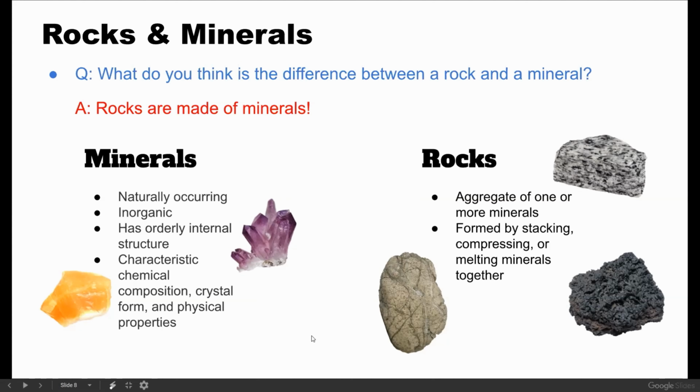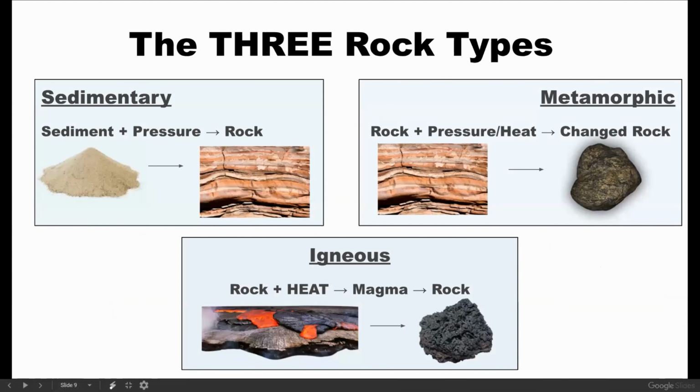Any ideas what it's called? Remember hearing about the rock cycle? Right, so there are three types of rocks we're going to look at. Sedimentary means you have all of these little sediments that have been deposited in places. You add pressure to it, and they're going to fuse together to form rocks.